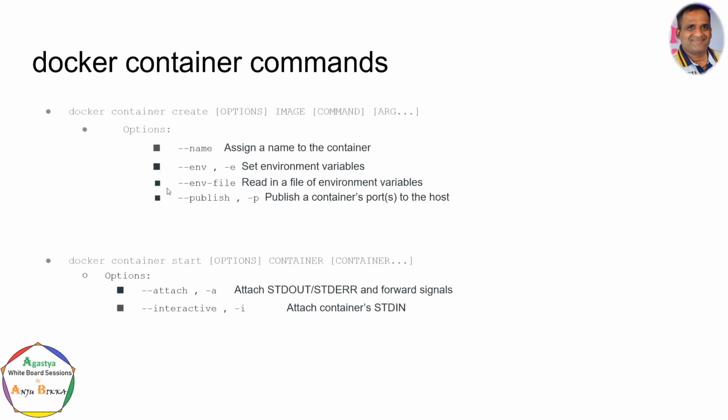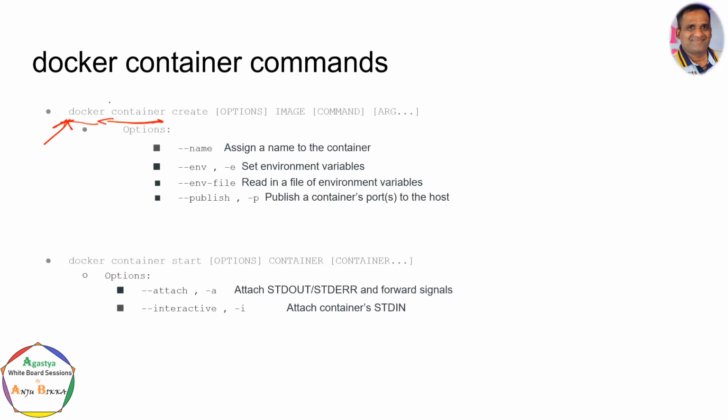Now, there are multiple ways to start a container. First, we have to pull the image if it is not available locally. Then once the image is pulled, you have to create the container from that image. Then you have to start it. See here, Docker is the base command. If it is container related, you can see container follows.